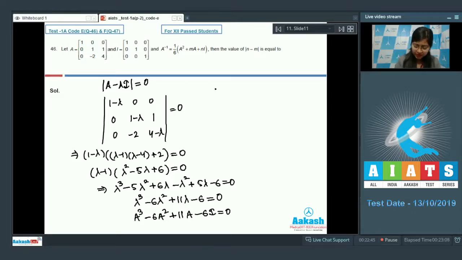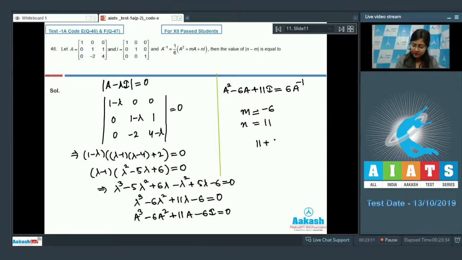Now let's multiply with A inverse. So we will get A square minus 6A plus 11I is equal to 6A inverse. So this is 1 by 6 into A square minus 6A plus 11I, which means that the value of m is minus 6 and the value of n is 11. So mod of n minus m will be equal to 17.